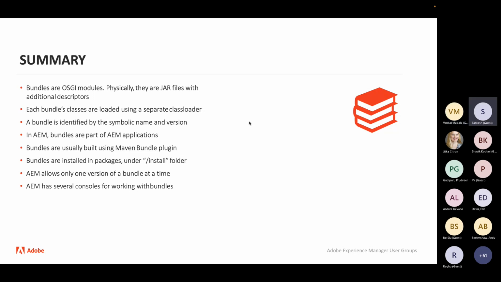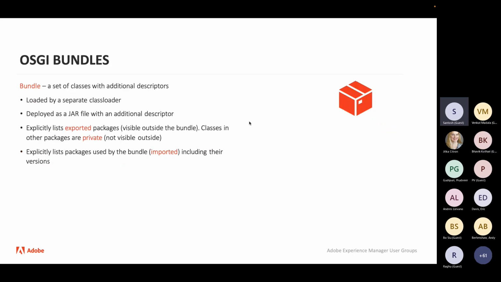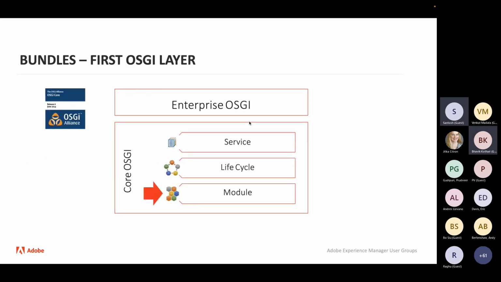Okay. So OSGi components, as you see in the diagram, we build at the module level. When we create any components using OSGi, we have to use some additional annotations and descriptors. When we create the components, they sit at the module level, and services are communicators between the components and OSGi.